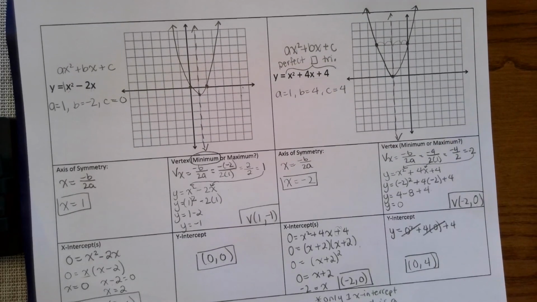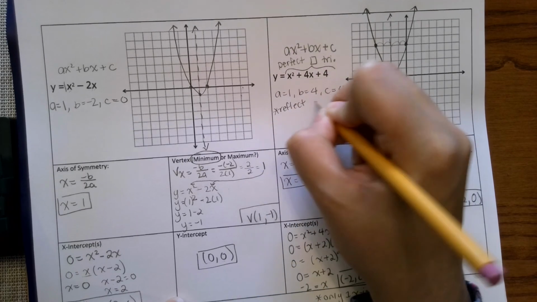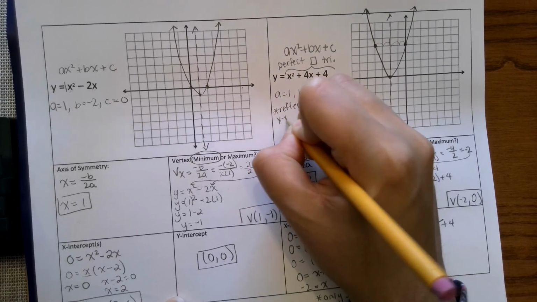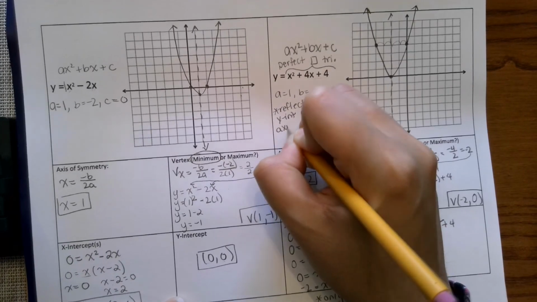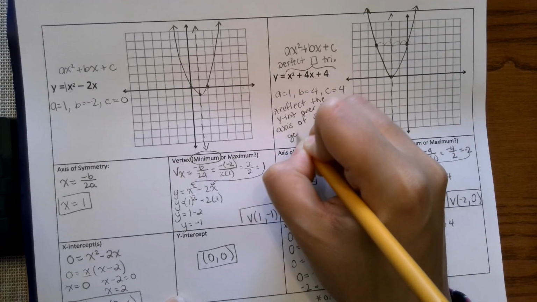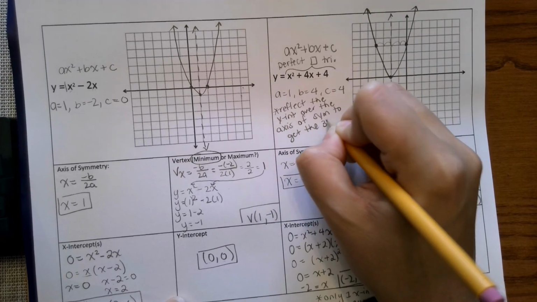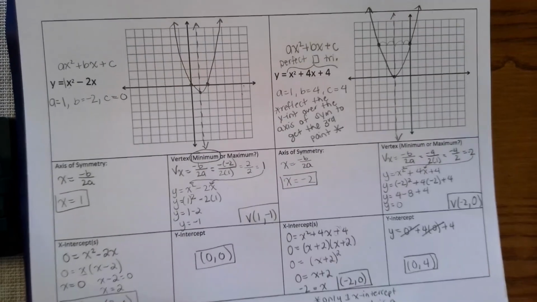So for this one, we also had to reflect the y-intercept over the axis of symmetry to get the third point. So that happens here and there.